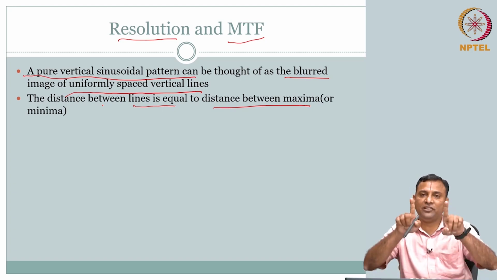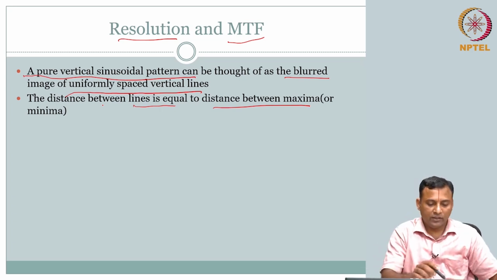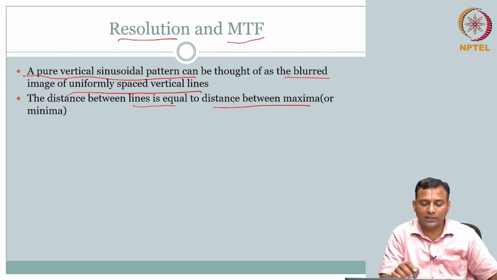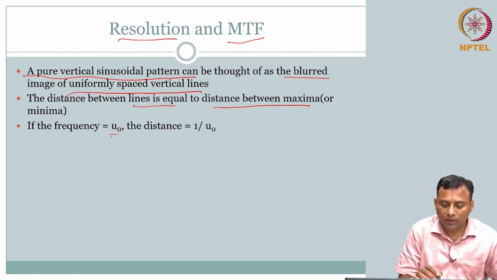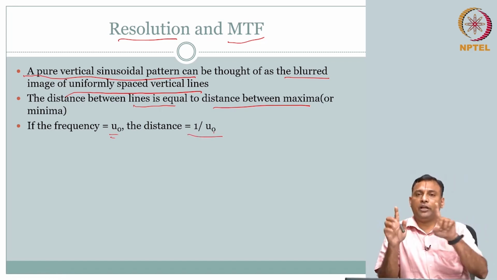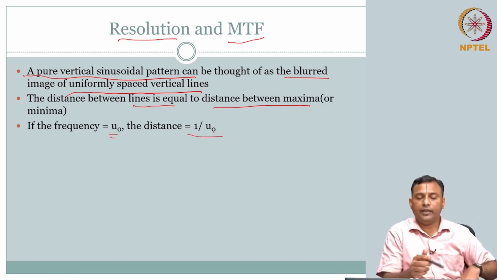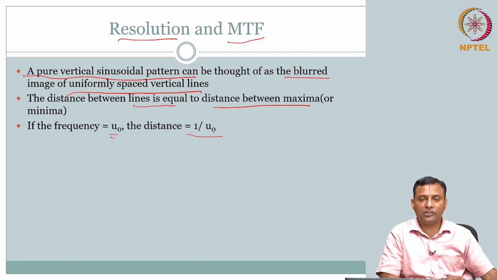If I increase the frequency, they will come close together. So the distance between the lines is equal to the distance between the maxima. Therefore if the frequency is u naught, the distance is 1 by u naught. If I want to reduce the space, I can increase the frequency. So now this should naturally lead you to what we already observed.